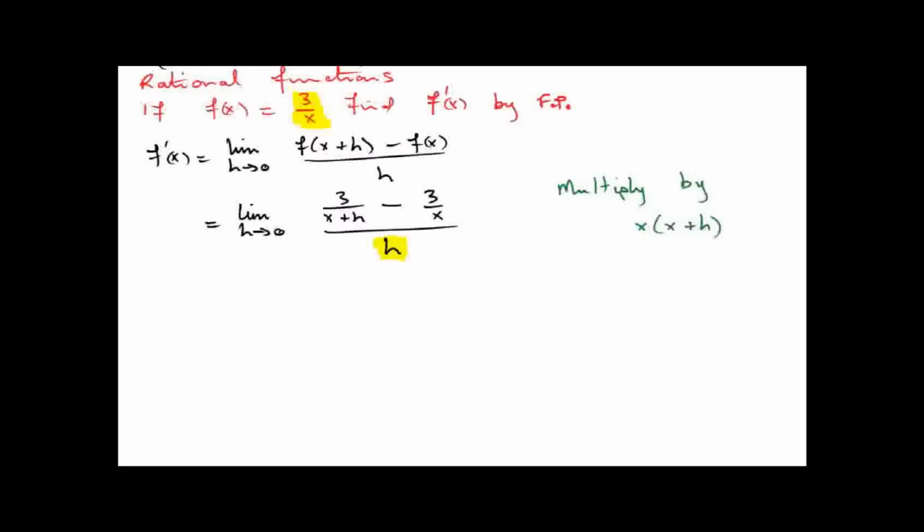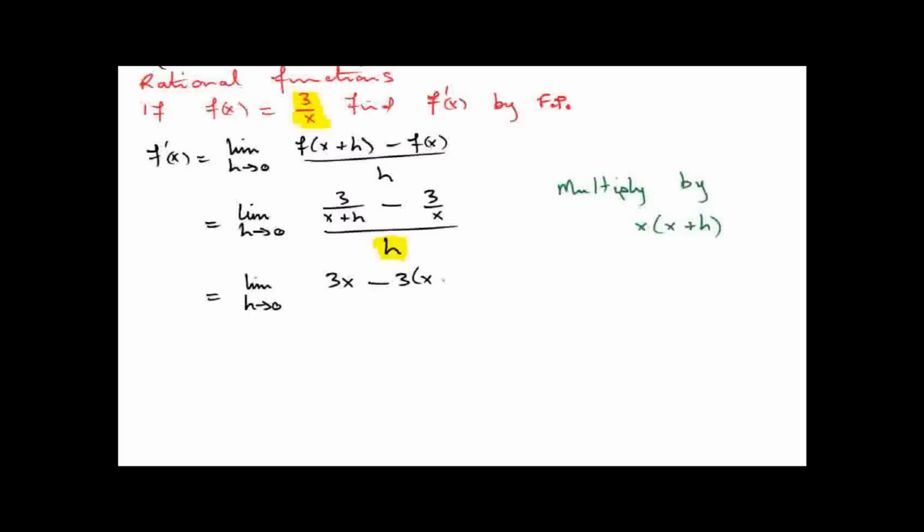Okay? Now, what's going to happen if I multiply the first part here, 3 over x plus h by x times x plus h? I'm going to be left with 3x, haven't I? Because what's going to disappear? The x plus h is going to cancel. Now, if I do it with the next bit, what happens when I multiply 3 over x by x and x plus h?